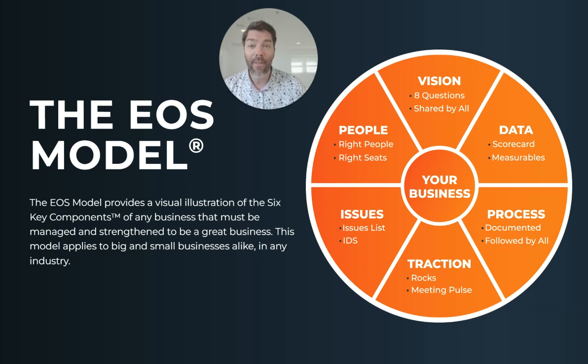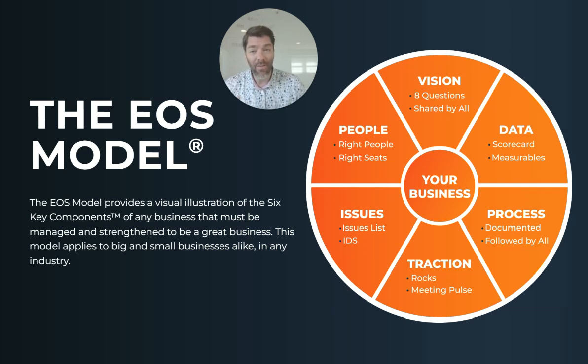Last but not least, you have the traction component. The traction component is all about where we bring that vision down to the ground and we actually execute on it with discipline, with accountability. From a traction standpoint, one of the first things we do is we set rocks. We get crystal clear on what we need to be focused on over the next 90 days. A rock is just a 90-day business priority.